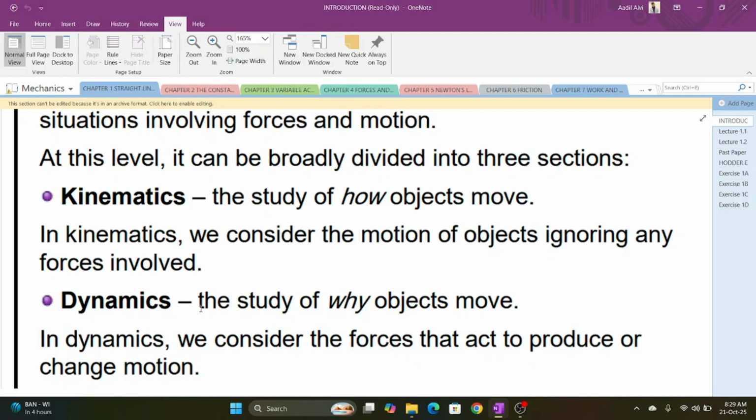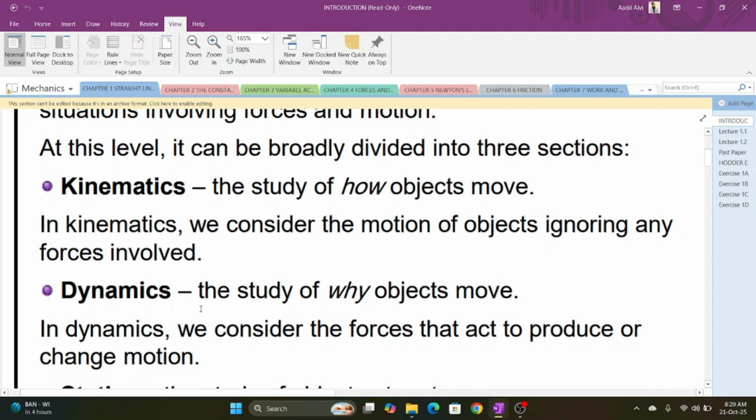Rather we discuss what forces are causing the object to move. These forces can change the motion of an object. For example, the brakes of a car allow the car to decelerate and come to a lower speed, not necessarily stopping the car, but the car might start moving at a lower speed. Why? Because of the force that was acting on the object.